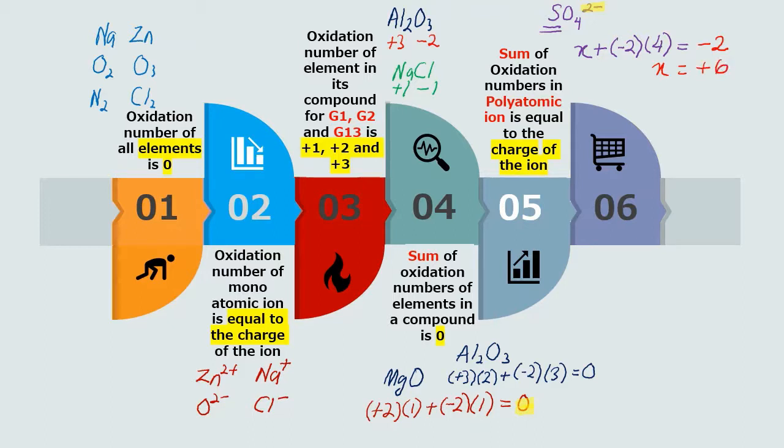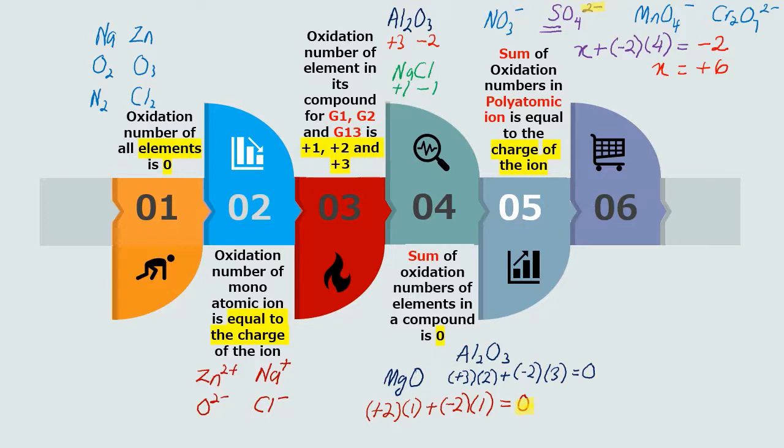So the oxidation number of sulfur in sulfate ion is positive 6. Polyatomic ions means it consists of more than one element in the ion, such as nitrate ions, manganate ion, dichromate ions. You will come across these ions later on, inshallah.